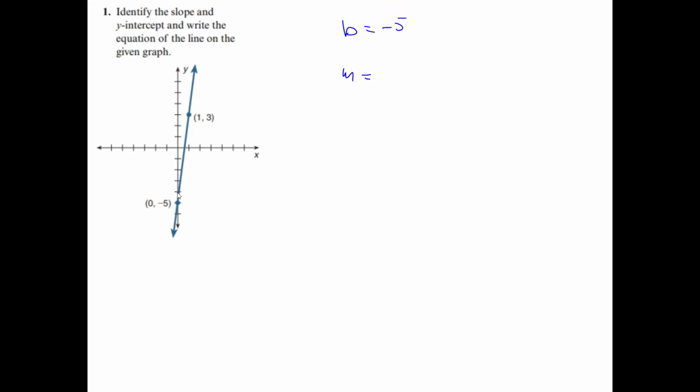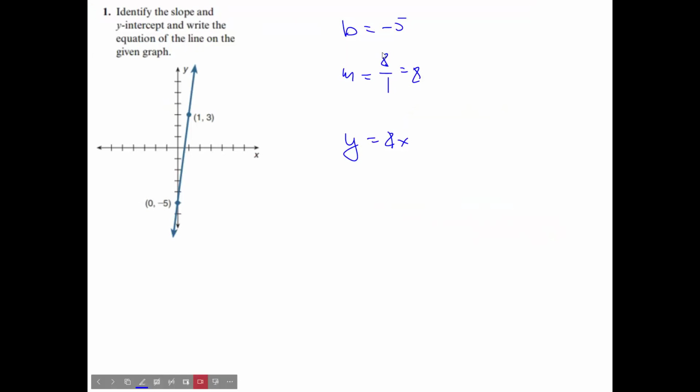Positive. 1, 2, 3, 4, 5, 6, 7, 8, right? Over. That's it. Equation. How come it's over what? Coordinate 1. So what slope means?